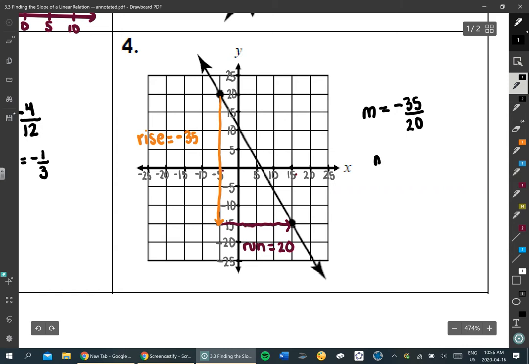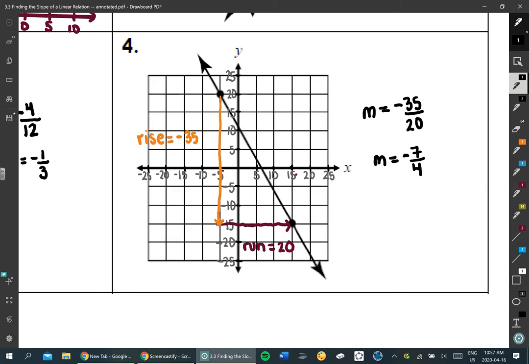Now these can be simplified, can't they? They can both be divided by 5, which gives me -7 over 4.